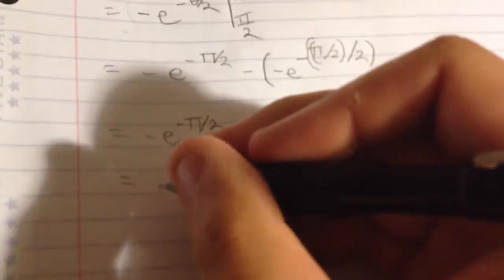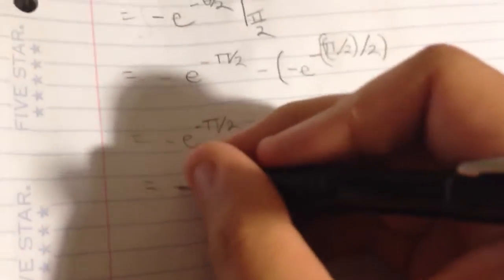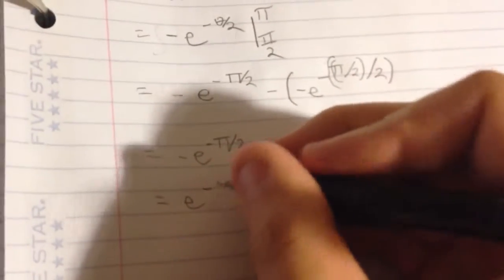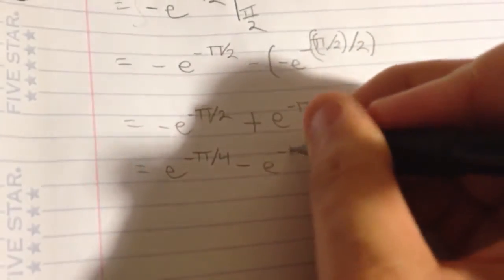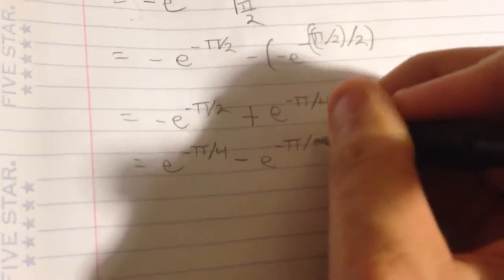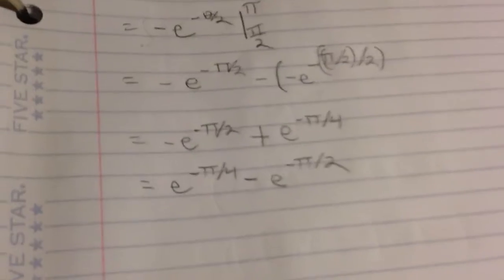And of course that answer should be acceptable by most professors, but if you want to clean it up a little bit, just put the positive in front, and you'll have e to the negative pi over 4 minus e to the negative pi over 2. And that's your answer.